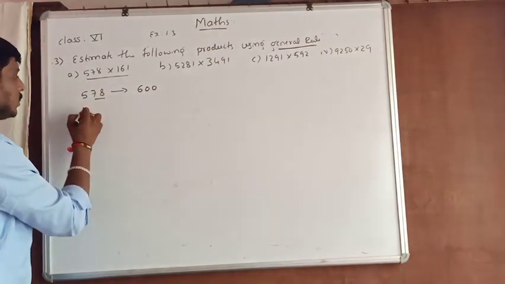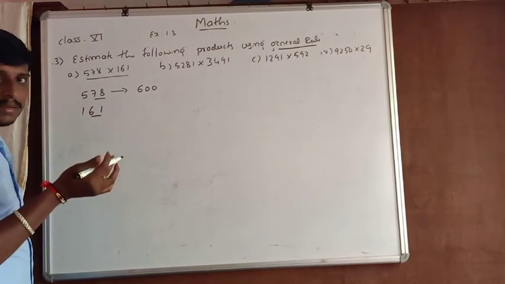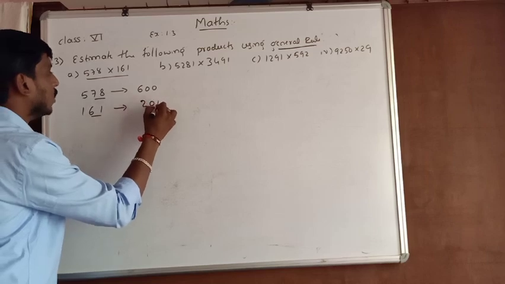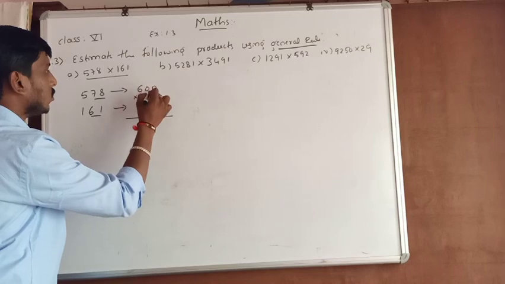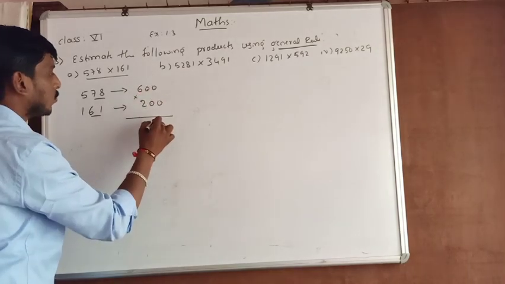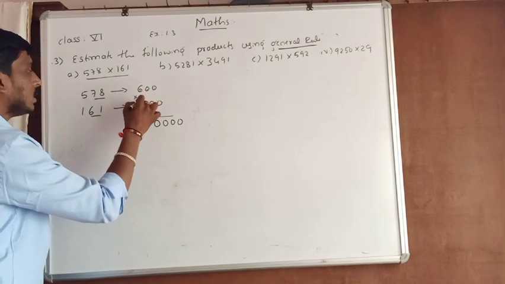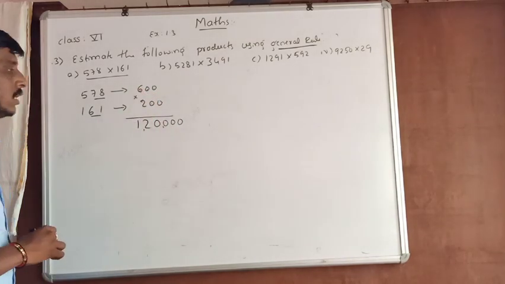Next, 161. 61 is also more than 50, so we will take 200. Between them which sign is there? Multiplication. So how many zeros? 1, 2, 3, 4. Put 4 zeros. Multiply these two only. 6 twos are 12. So the answer is 1,20,000.